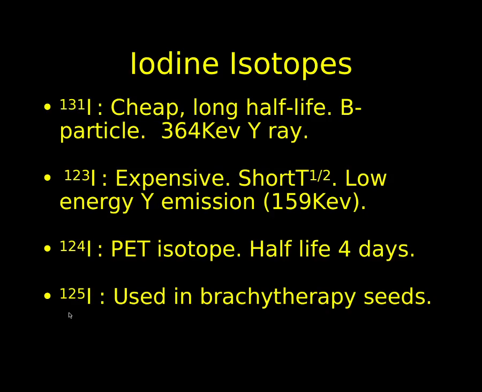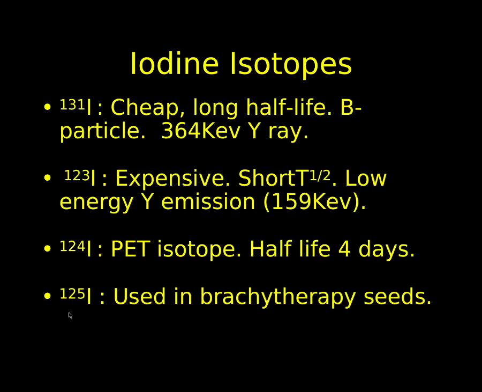Iodine 123 is somewhat more expensive, but in relative terms, considering we're not linking it to an expensive pharmaceutical, it's actually relatively cheap compared with some other tracers. It has a short half-life of 12.6 hours, and that's obviously much more favourable than iodine 131 because the patient will receive overall a lower dose.